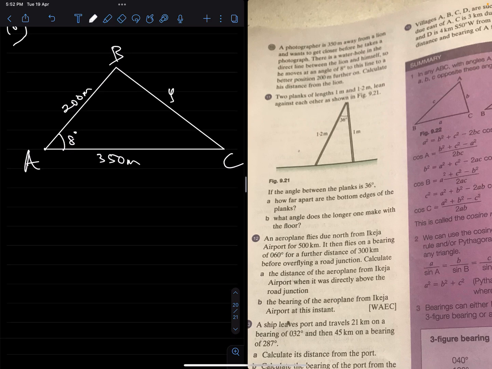So using the cosine rule, y squared will be equal to 200 squared plus 350 squared minus 2 times 200 times 350 multiplied by cos 8 degrees.